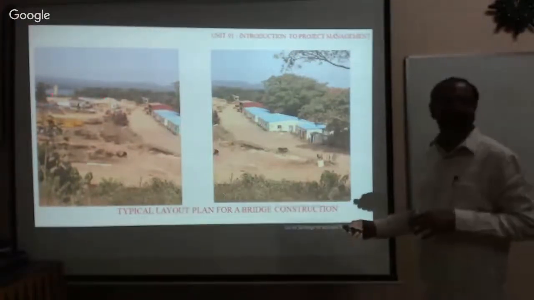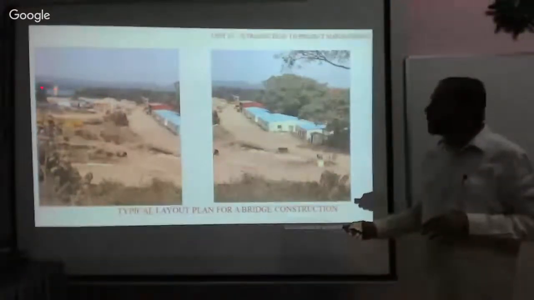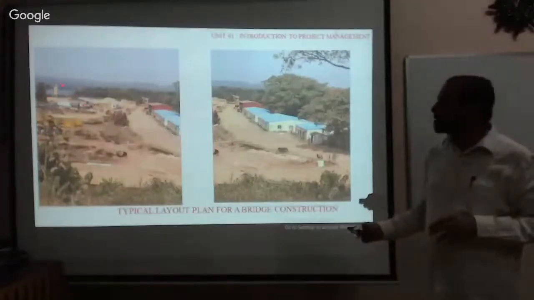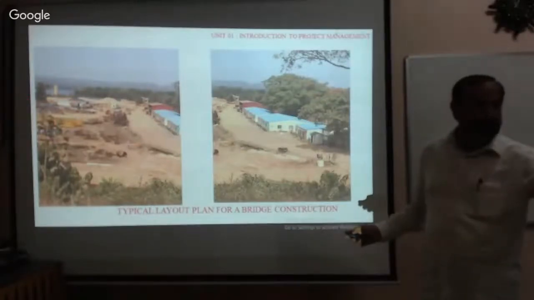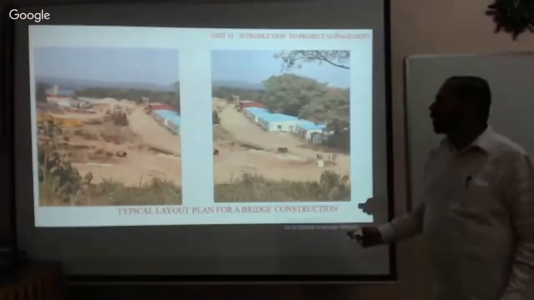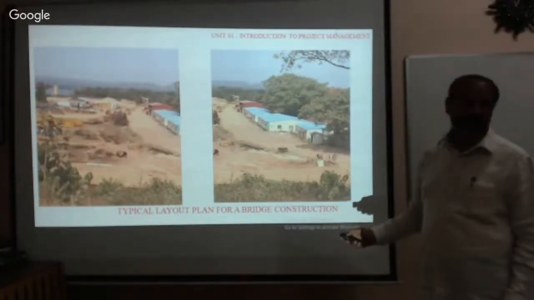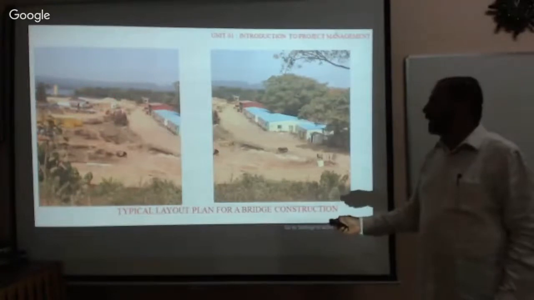Here we are constructing the bridge, and a dam is also constructed across a river. Therefore, the concrete mixer must be near the site where you are pouring the concrete. The dam location and the related material must be around the mixer plant. The rest will be kept away from this mixing area.